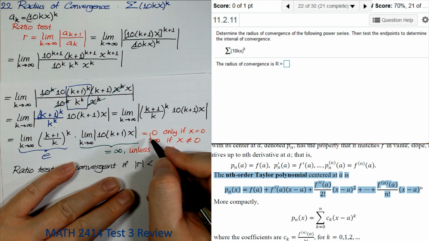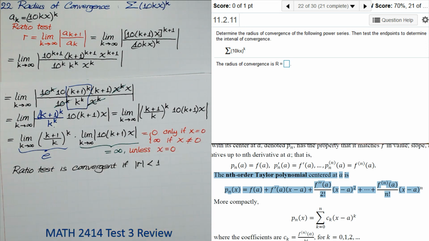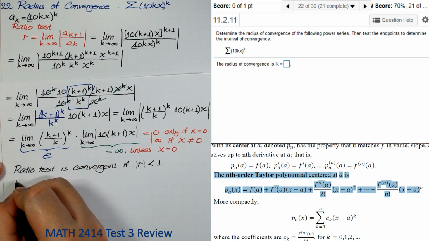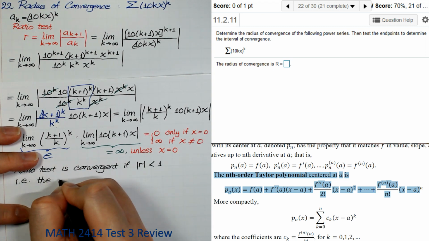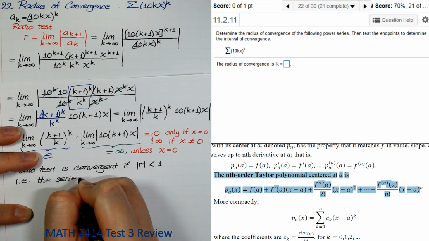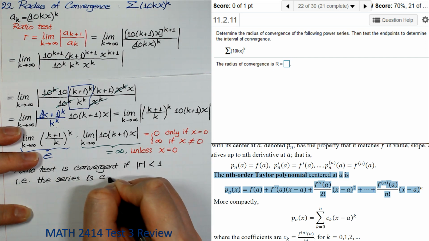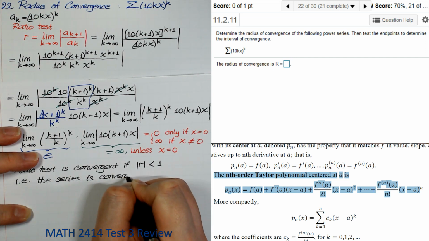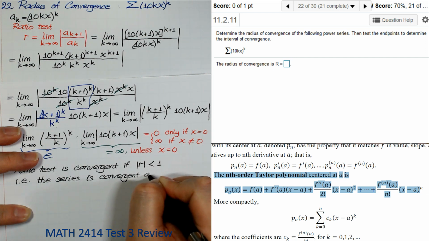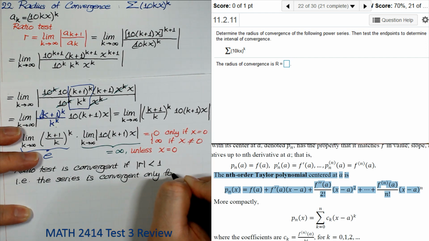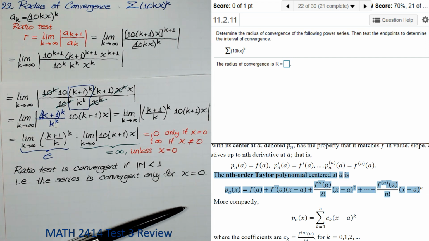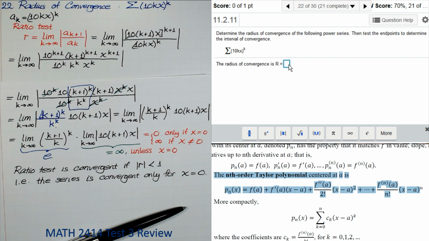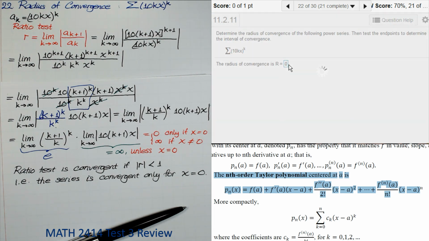In this case, 0 is less than 1. So the series is convergent only for x equal to 0. So in that case, because it only had one point, the radius of convergence is 0.